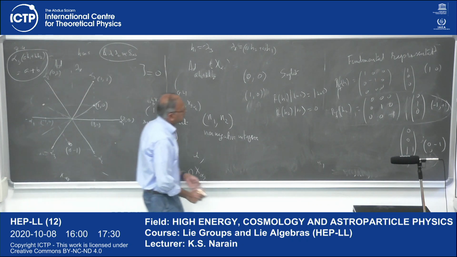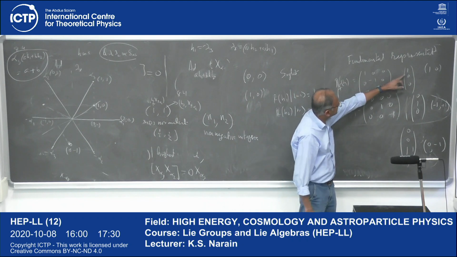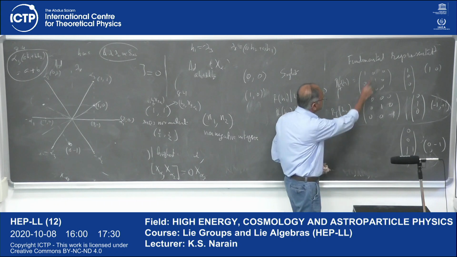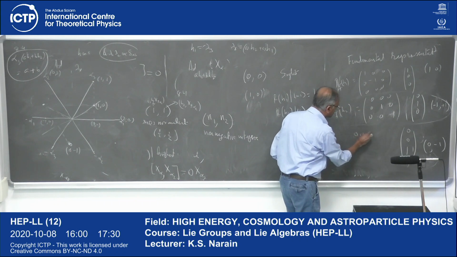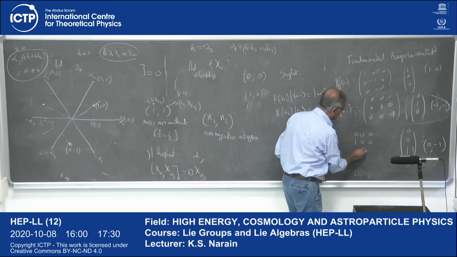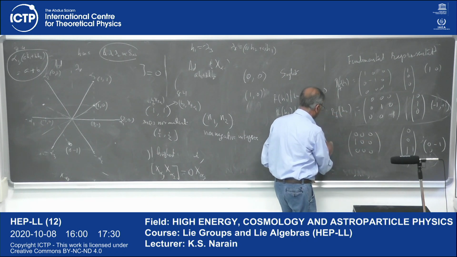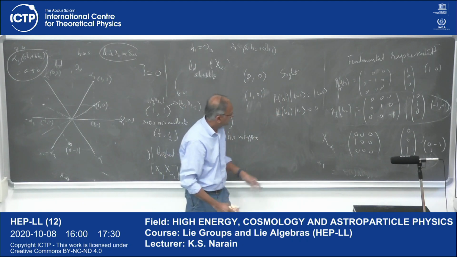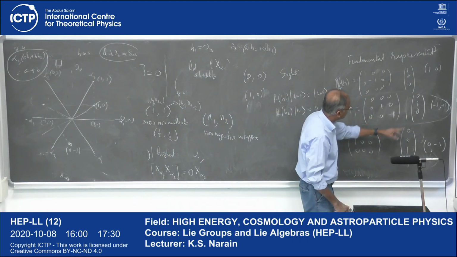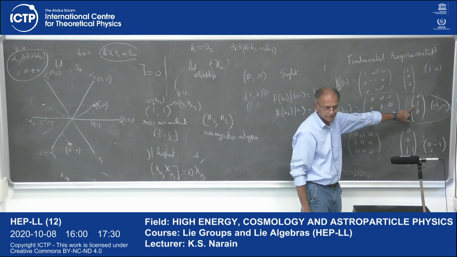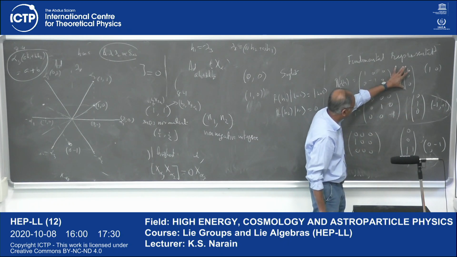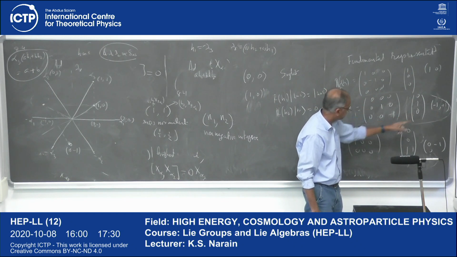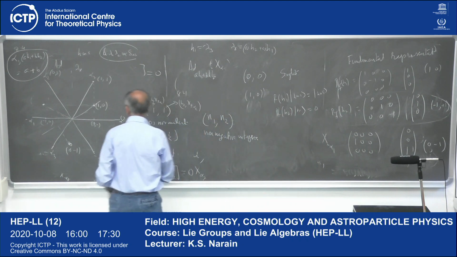Let's see what states come here. If I apply x minus alpha 1, which is this matrix, 0, 0, 0, 0, 1, 0, 0, on my highest weight, I get exactly that state.